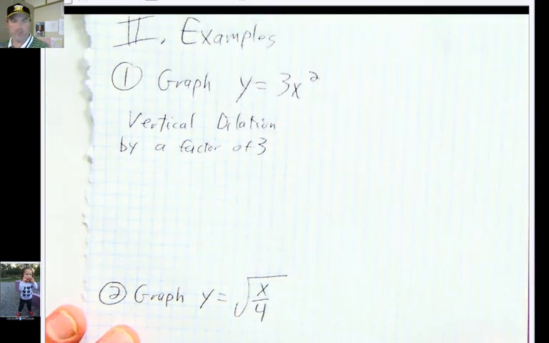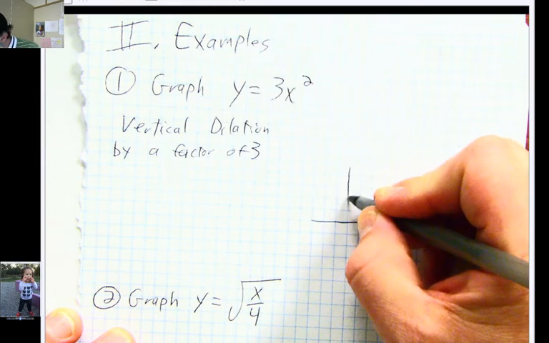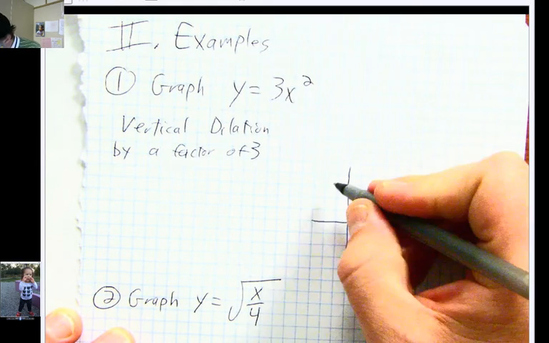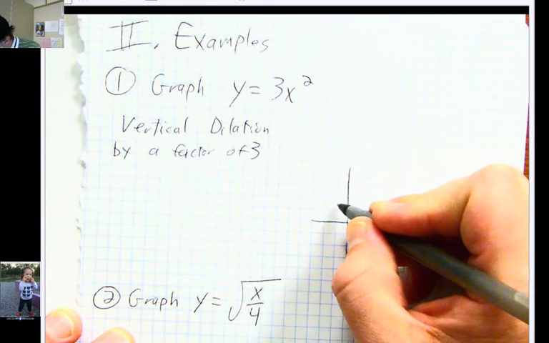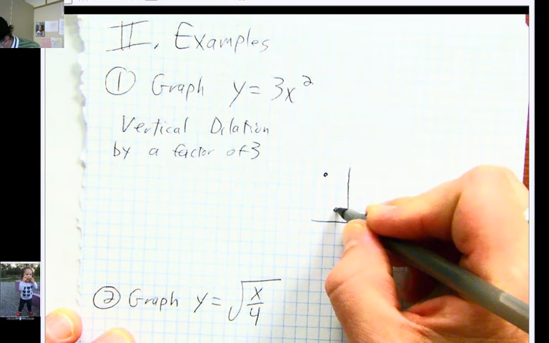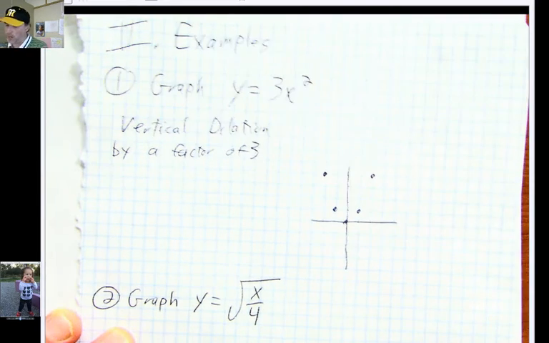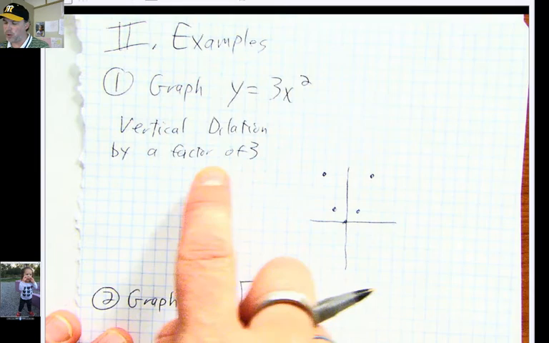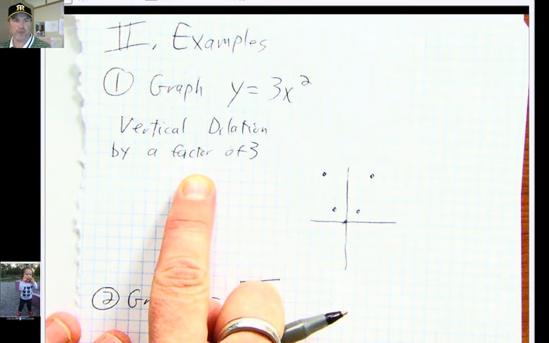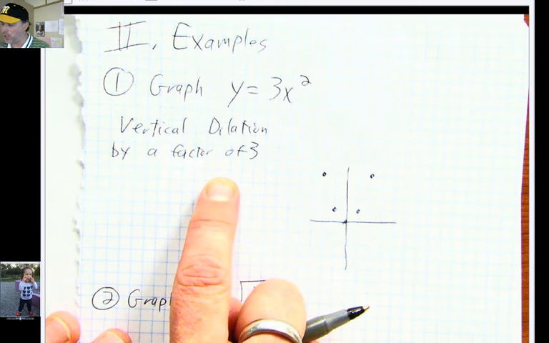Okay, so if I'm on team graph paper, I'm going to do this using graph paper. It's easiest for me if I have the original points at least marked in there. So I have -2, 4, -1, 1, 0, 0, 1, 1, and 2, 4. And when you are doing a vertical dilation by a factor of 3, you're essentially multiplying all of the y coordinates by 3.